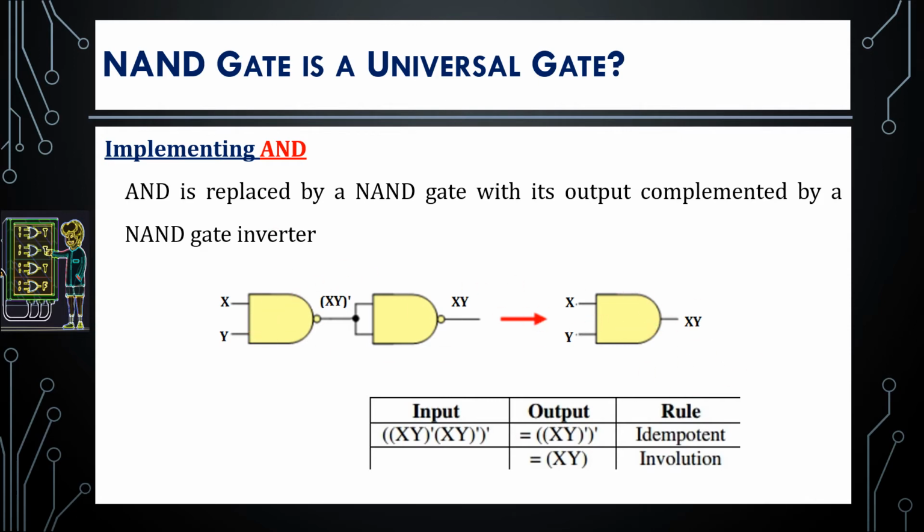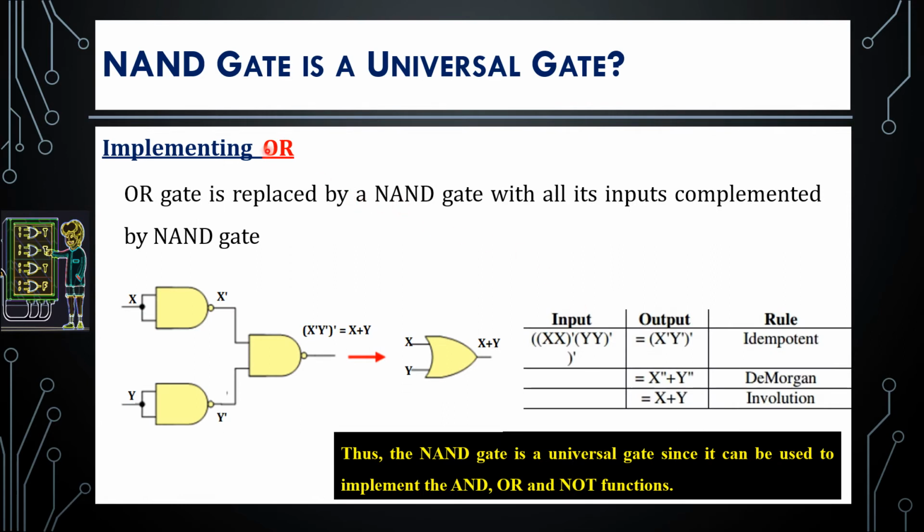Fine. Now let's look into how to implement an OR gate using this NAND gate. An OR gate is replaced by a NAND gate with all its inputs complemented by NAND gates. So we have two inputs X and Y. These X and Y are complemented using NAND gates. As you know, a NAND gate can be used as an inverter.